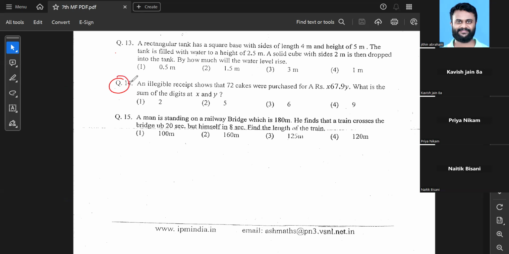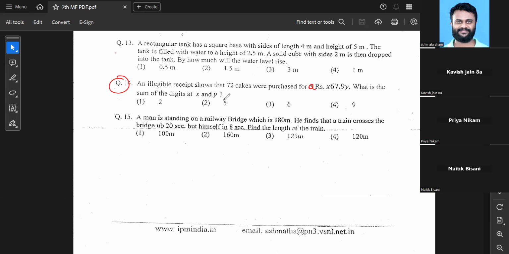So 14th question. An illegible receipt shows that 72 cakes were purchased for rupees X679Y. What is the sum of digits X and Y? So you'll have to find what is the number over here.